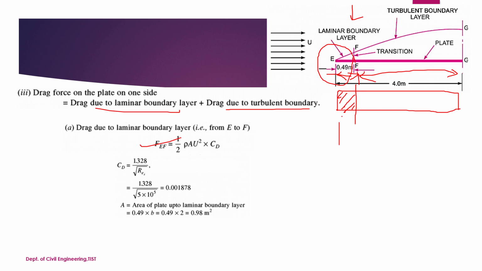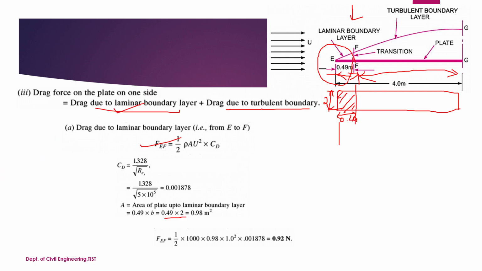This distance is 0.49 and the width is 2 meters. So what will be the area? Area will be 2 into 0.49. So that area is written over here. Here A value is 2 into 0.49. You can substitute the values and you'll get the drag force due to laminar boundary layer from E to F. So this part is over.